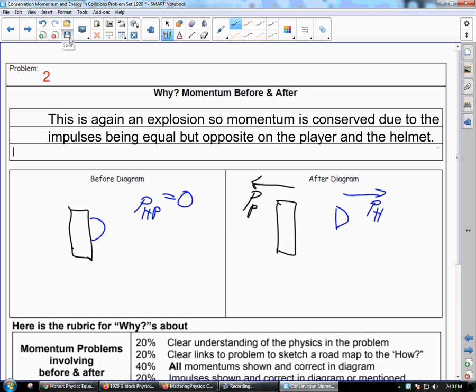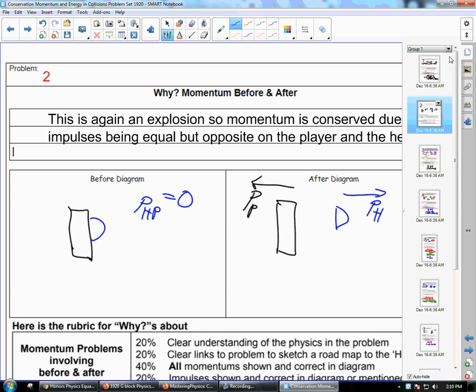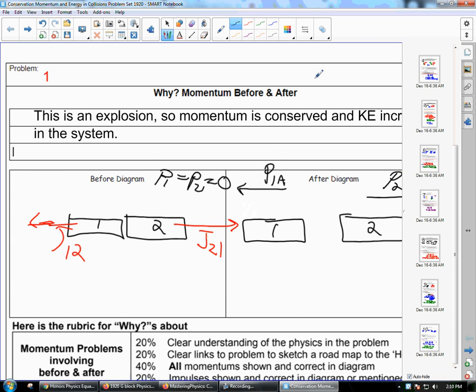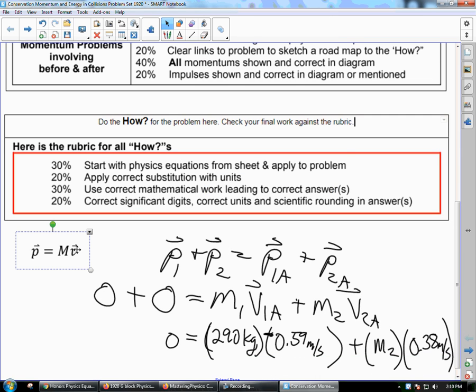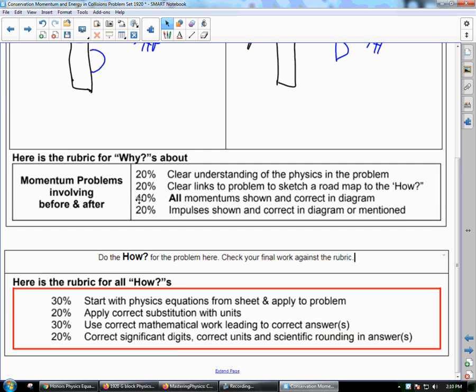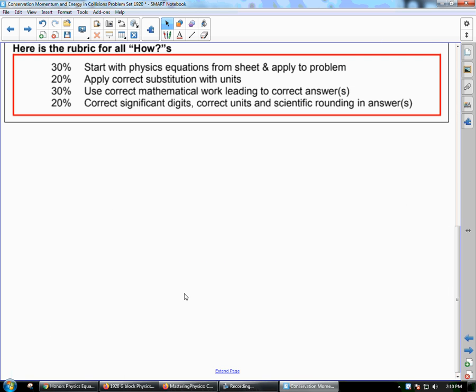And then the after is going to be identical. So why don't I, rather than copying something, let me grab this. All right.